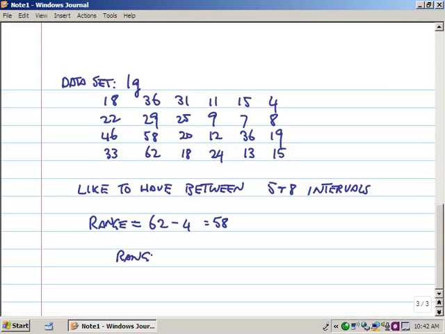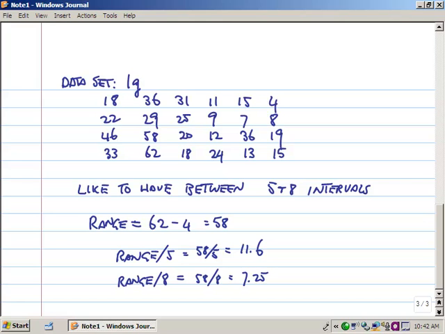If we divide the range by 5, you get approximately 11.6, and of course we don't want an interval of exactly 11.6 because it's just too difficult to handle, but anyway, we can come close. Range divided by 8, 58 divided by 8, is about 7.25.